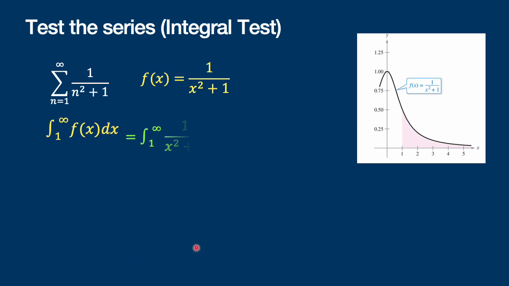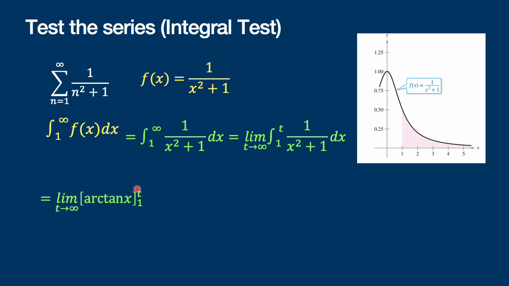Let's figure it out. The integral from 1 to infinity of 1 over x squared plus 1 dx. That's an improper integral, so use the definition: limit as t approaches infinity of the integral from 1 to t of 1 over x squared plus 1 dx. Find the antiderivative of 1 over x squared plus 1. That's the arctangent, arctangent x from 1 to t. You plug in t, arctangent t. You plug in 1, arctangent 1.